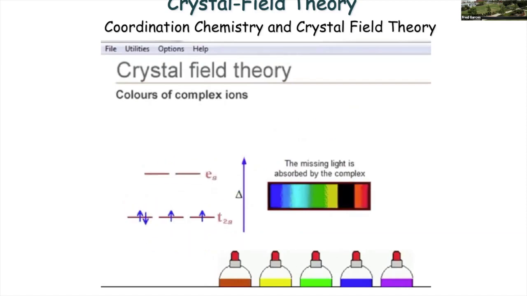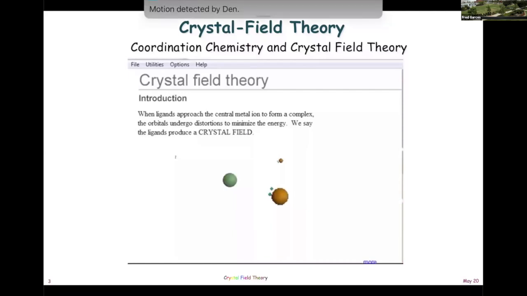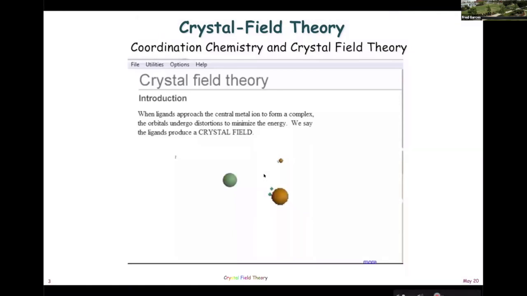So let me go back to the PowerPoint here, okay? Because I know that was a lot of information. So I'm just going to continue where this left off. Again, crystal field theory has to do with how the ligands upset the d orbitals in the metal.